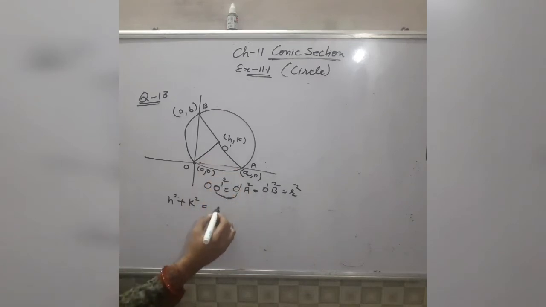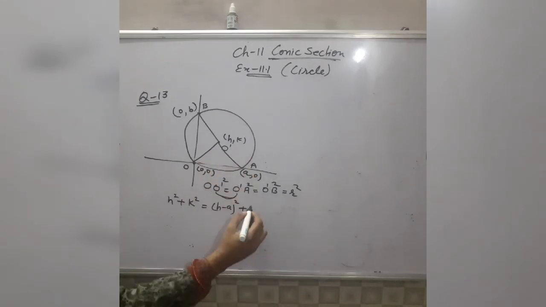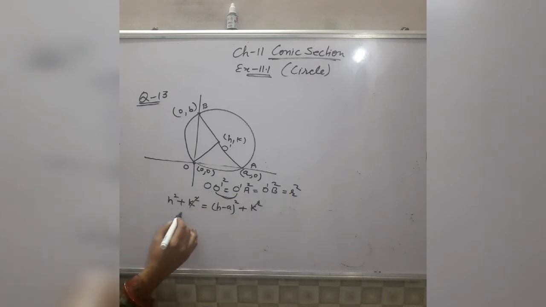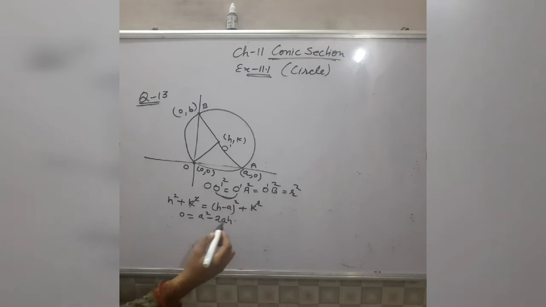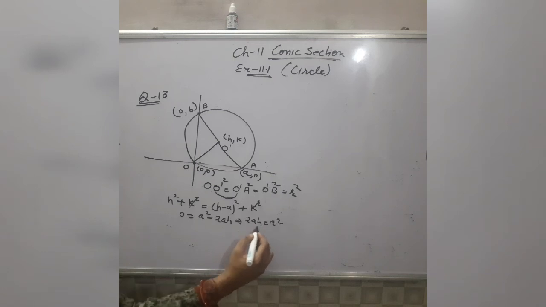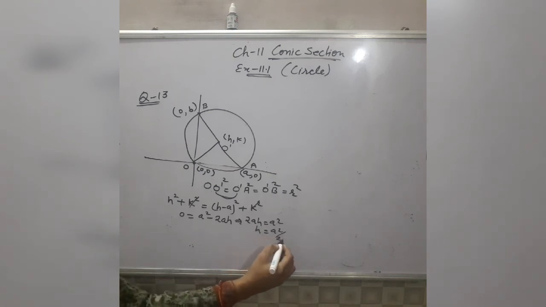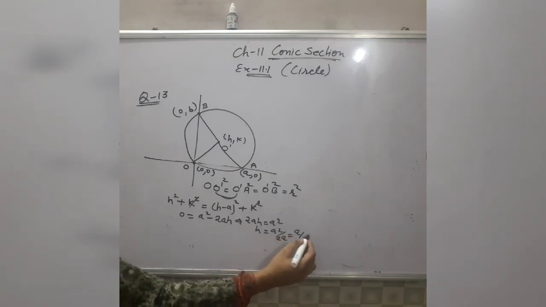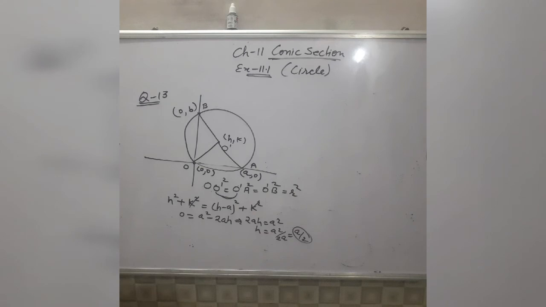This is equal to h minus a whole square plus k minus 0, means k square. k square is cancelled, h square is also cancelled. You will get a square minus 2ah. Clear? Or you can say 2ah is equal to a square, or h is equal to a square by 2a, or you can say a by 2. This is the value of h.